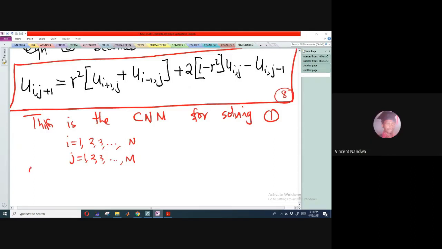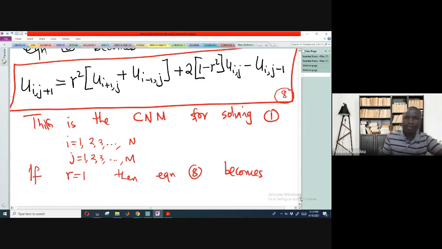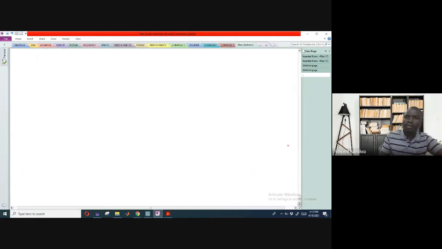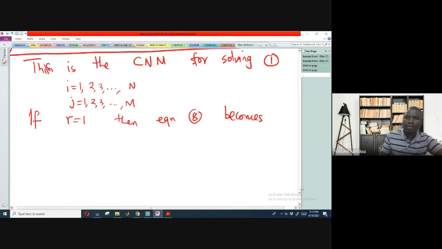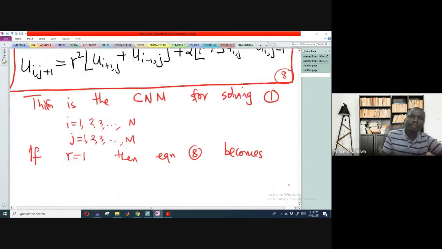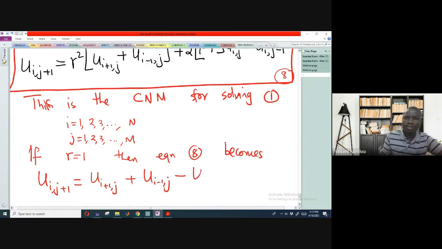So if r equals 1, then equation 8 becomes u i comma j plus 1 equals u i plus 1 comma j plus u i minus 1 comma j minus u i comma j minus 1.